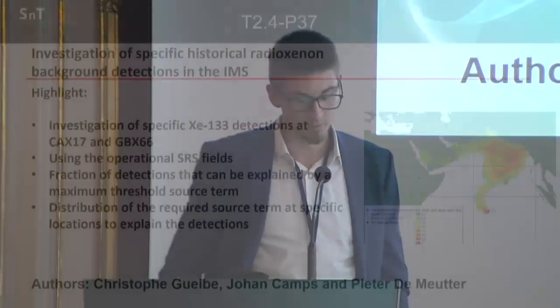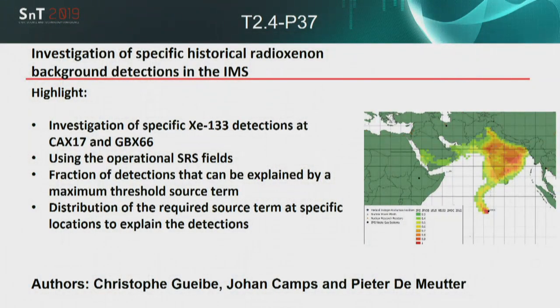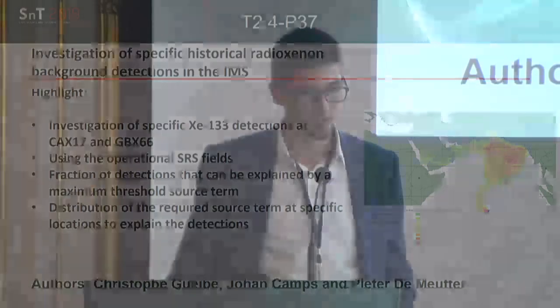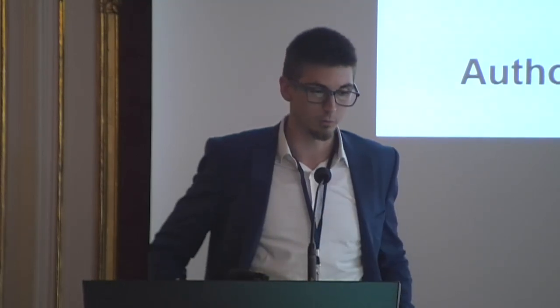And here we selected detection at CAX-17 and GBX-666, where, in the Belgian Nuclear Research Center, we didn't quite well understand the detection at GBX-666. At the Canadian one, of course, we know it's influenced by a medical isotope production facility. And so we wanted to compare different use of source receptor sensitivity fields to see how it could help us to understand detections we don't understand for the moment.